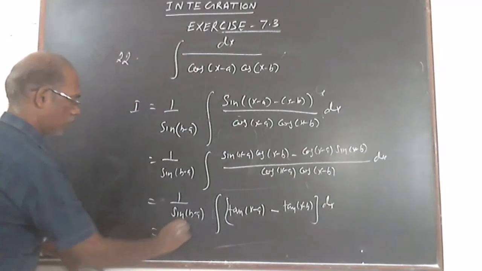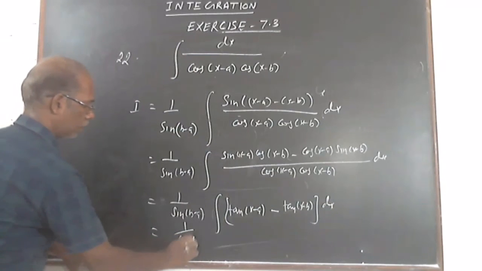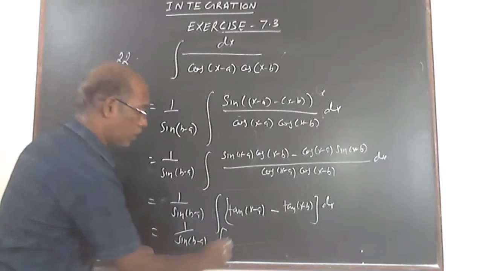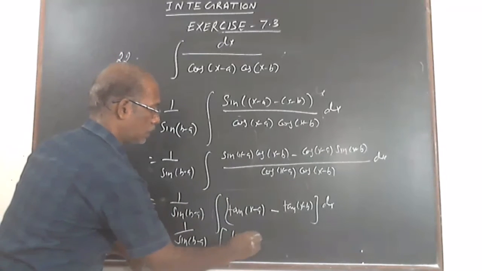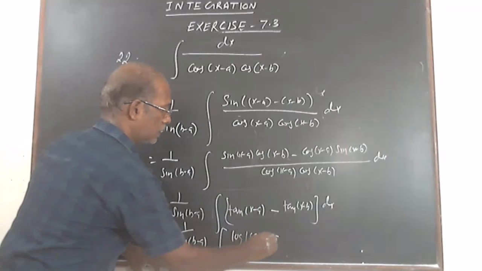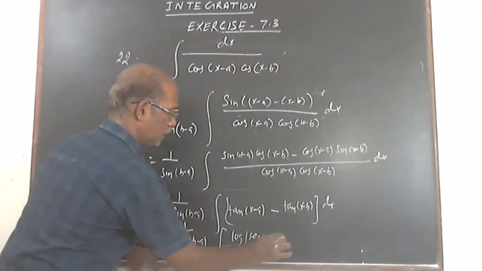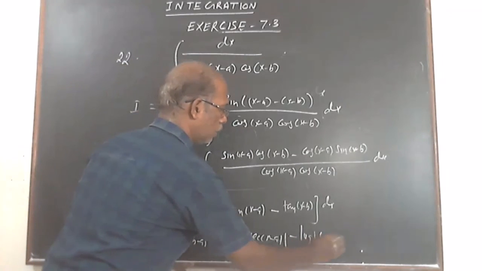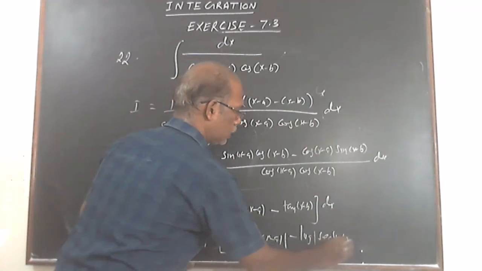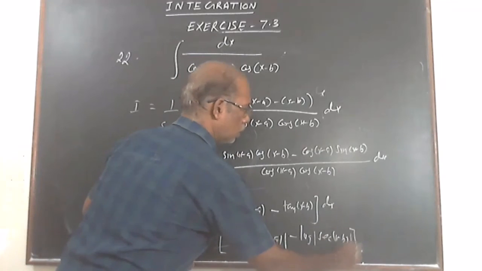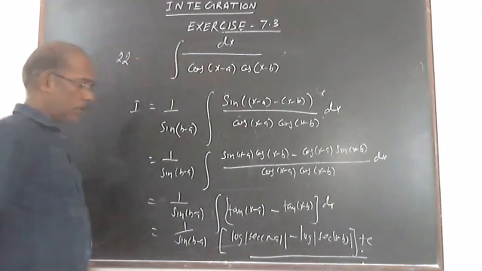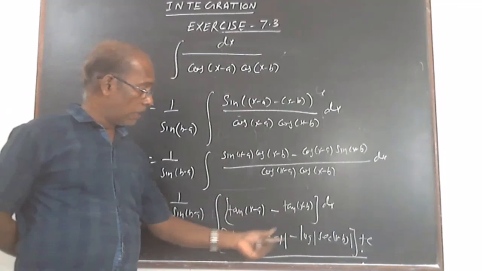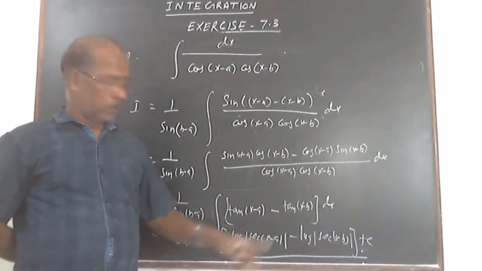On integration, 1 by sin of b minus a times log mod of secant of x minus a, minus log mod of secant of x minus b, with the integral constant. Or you can combine using the logarithmic rule, log a minus log b equals log of a by b.